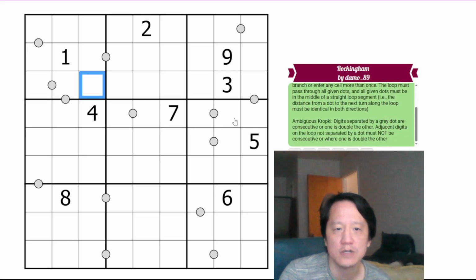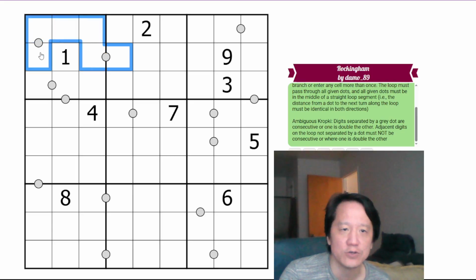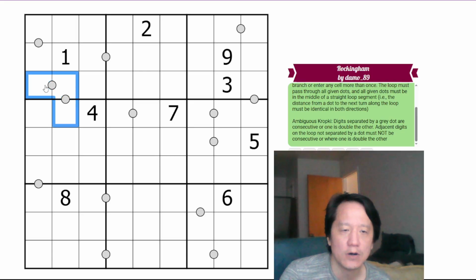Oh, interesting. So the loop has to go through all the dots in this grid. Say we had the loop go this way.